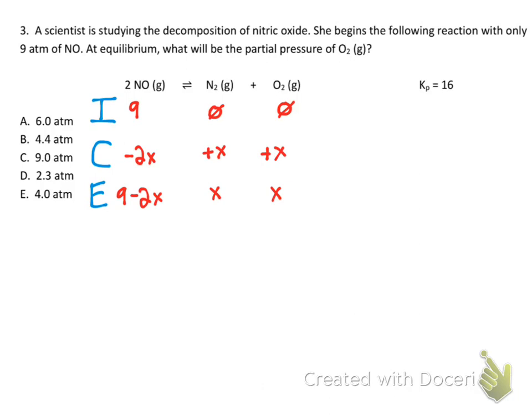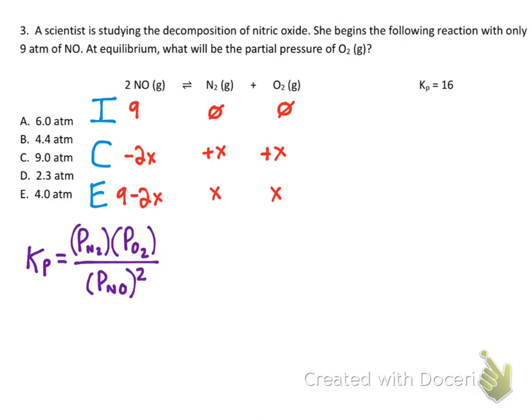Now, remember, in order to completely solve these problems, we need to pair this with its equilibrium expression for great results. So, our equilibrium constant is equal to products to their respective coefficients, which is just 1 in both these cases, over reactants, so the pressure of nitric oxide squared.